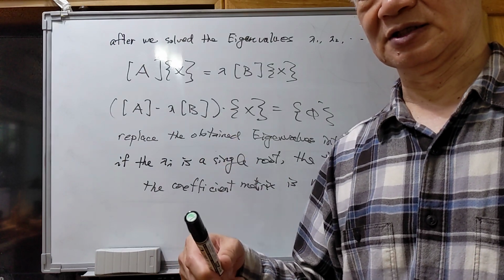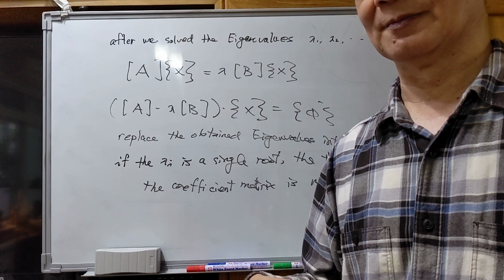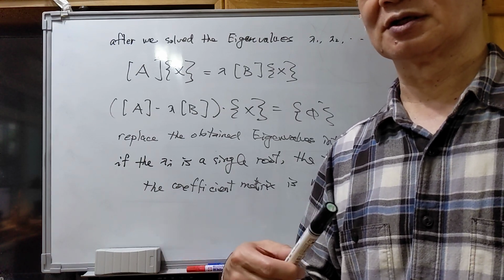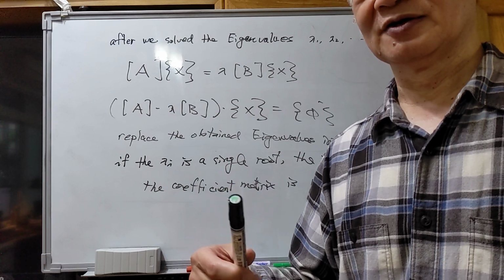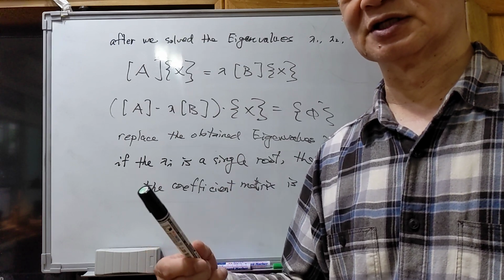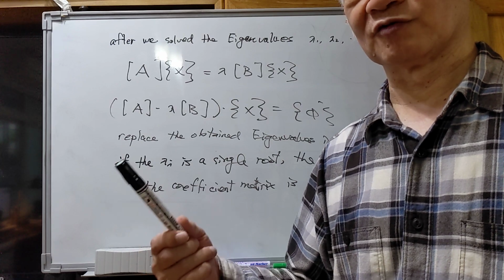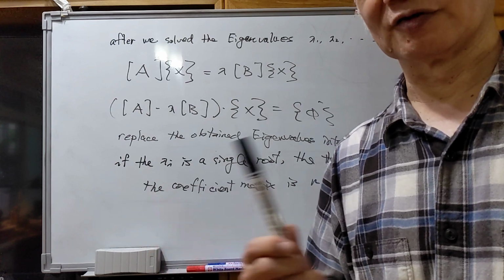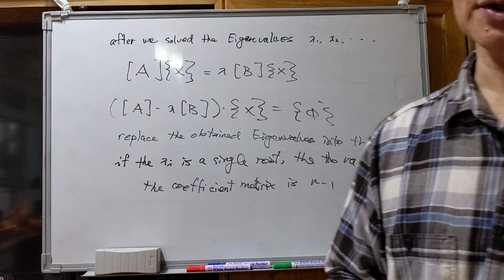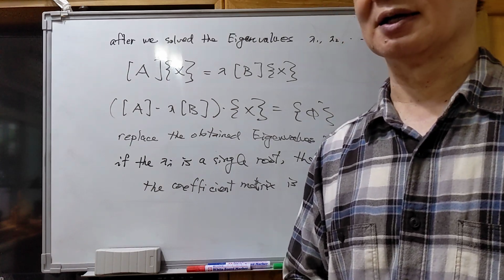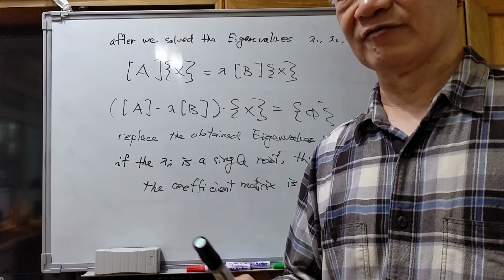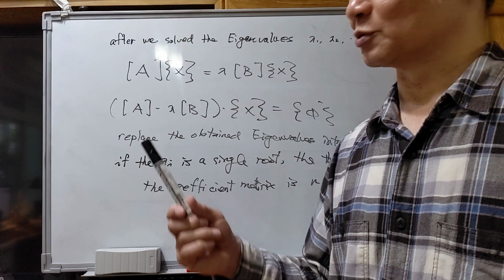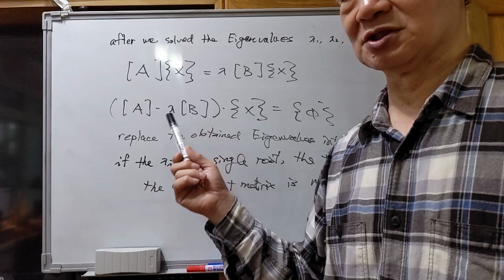The technique to get the basis vector for the solution vector space is the same as finding the basis vectors for the eigenvectors corresponding to the eigenvalue lambda I. And for the obtained eigenvector, sometimes we like to do the normalization.